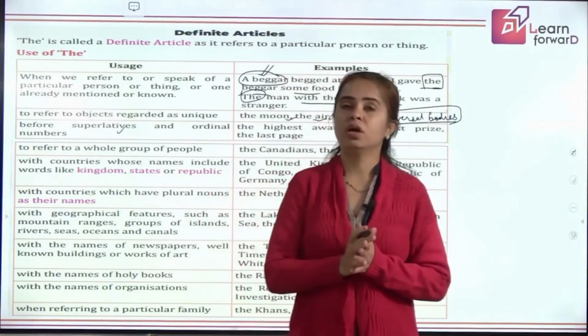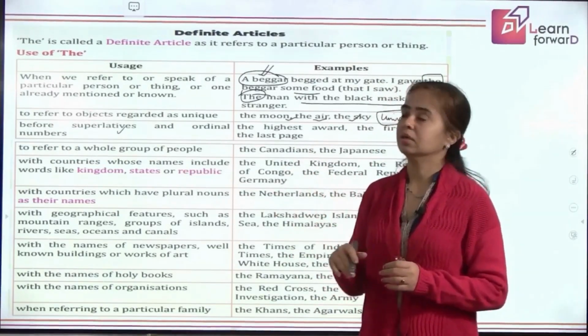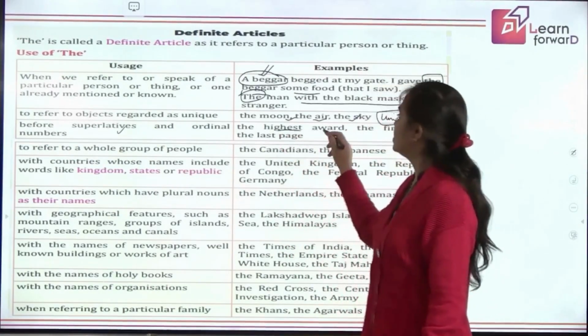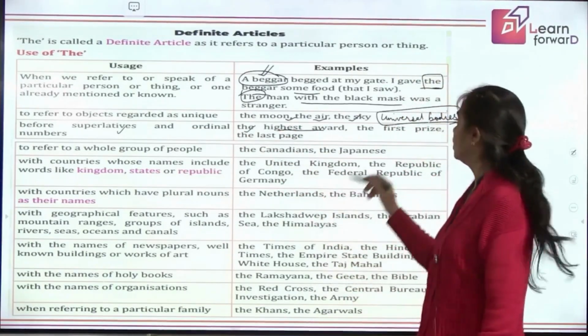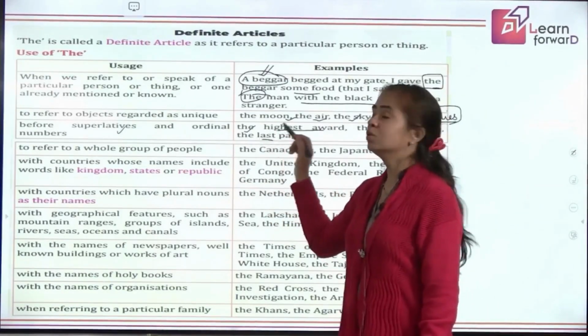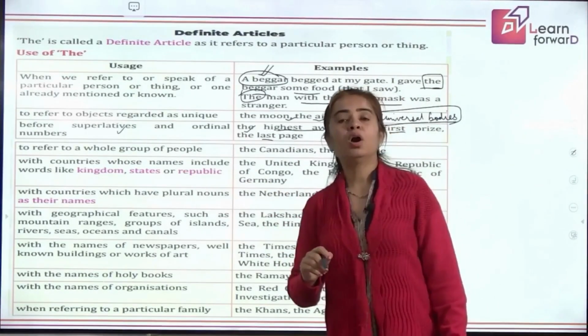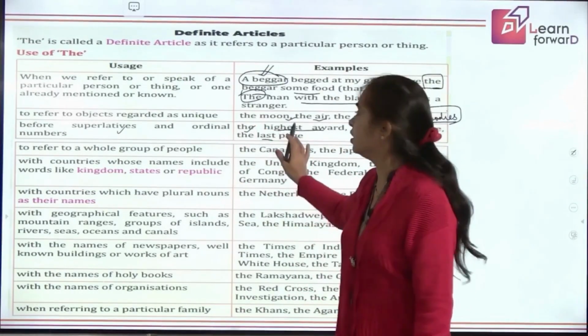All these ordinal numbers are preceded by the definite article the. Fine. The highest award. So, highest is superlative degree. We are using the article the here. The first prize. The last page of the book. So, these are all ordinal numbers. With the superlative degrees, we are using the.